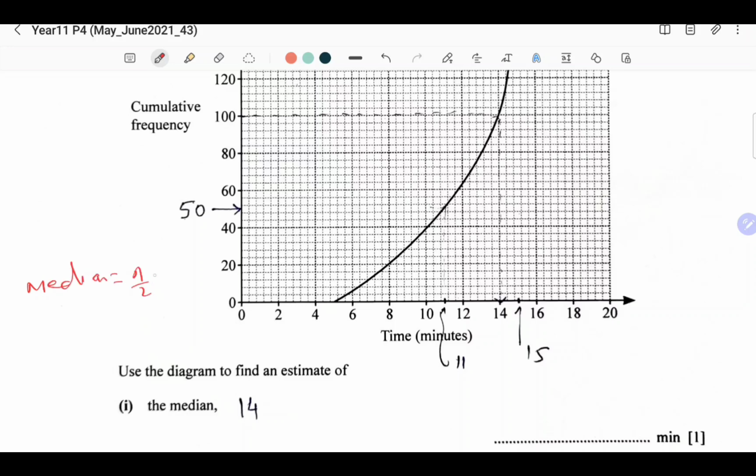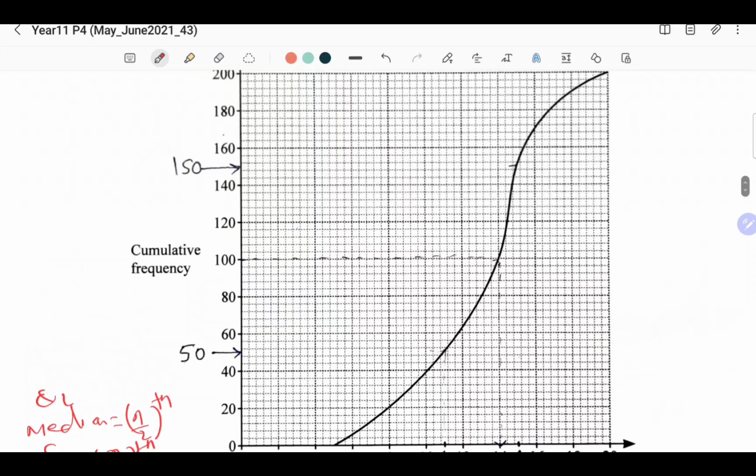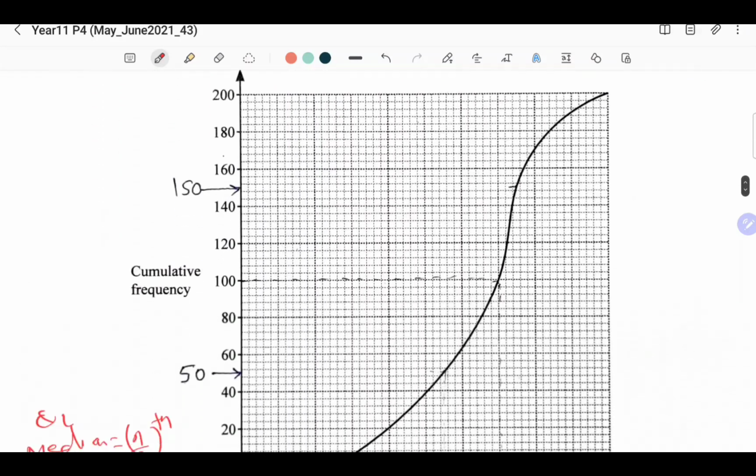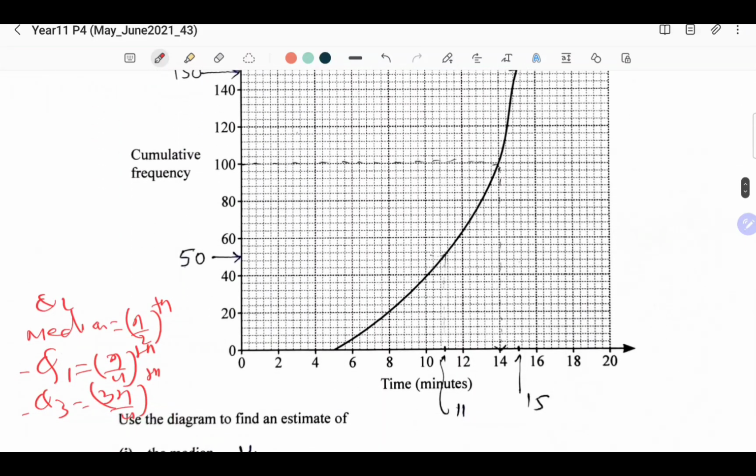For median it is n over 2, for first quartile n over 4, and median is the second quartile. The third quartile is 3n over 4. This is the median, this is the lower quartile, this is the upper quartile. Okay, so n is 200, so median will be 200 over 2.